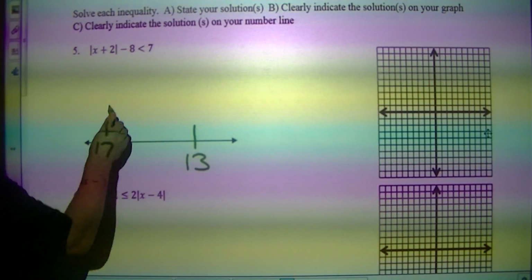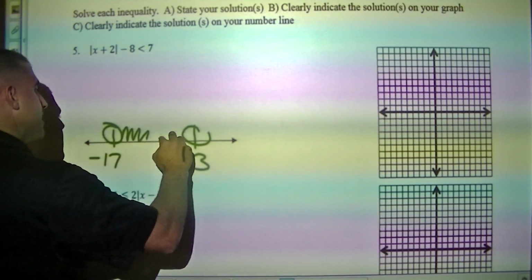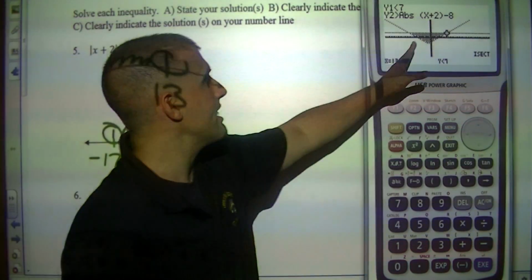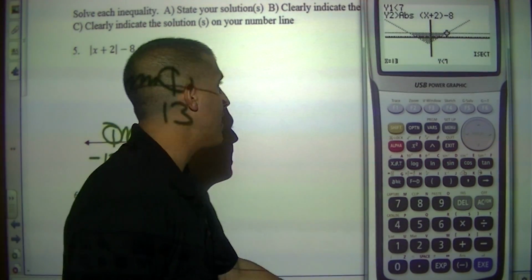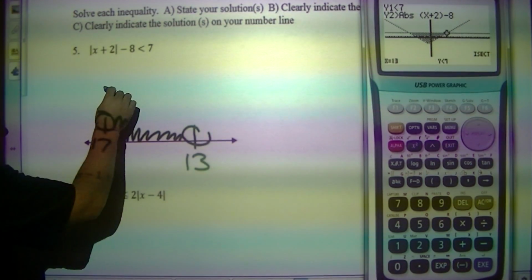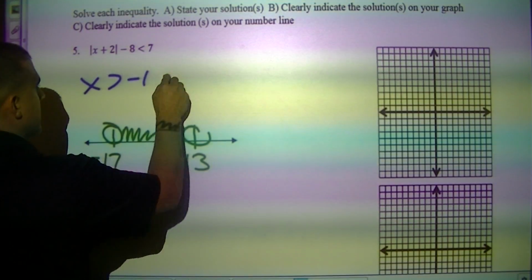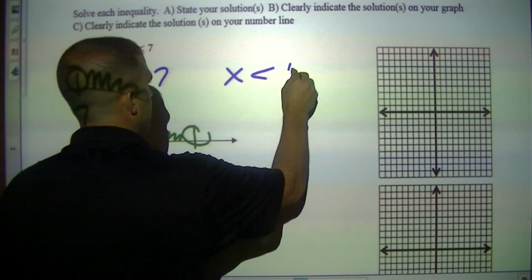And since this doesn't have a line underneath it, they're going to be open. And as you can see, the shading there is between. And here are my answers. Since that's to the right, that's going to be x is greater than negative 17, and x is going to be less than 13, okay?